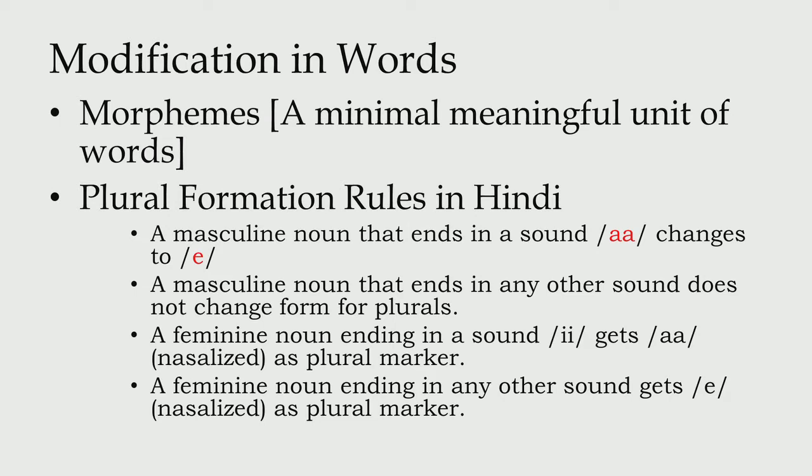We have seen examples where kamada becomes kamade in plural, santara becomes santare, kapada becomes kapade, but pani does not change, ghar does not change its shape in its plural form, admi does not change its form in the plural form. Ghar means house, admi means man, and there are all other types of examples which we can see.